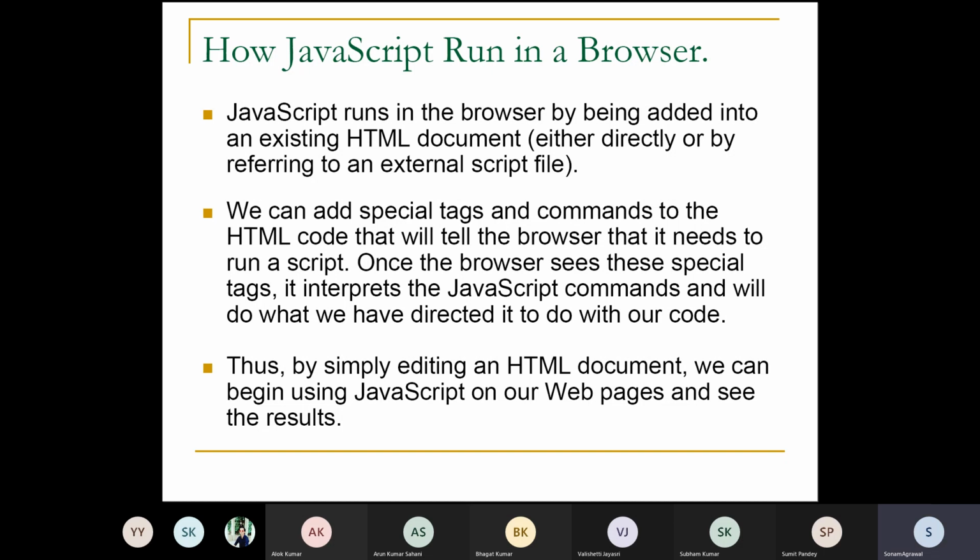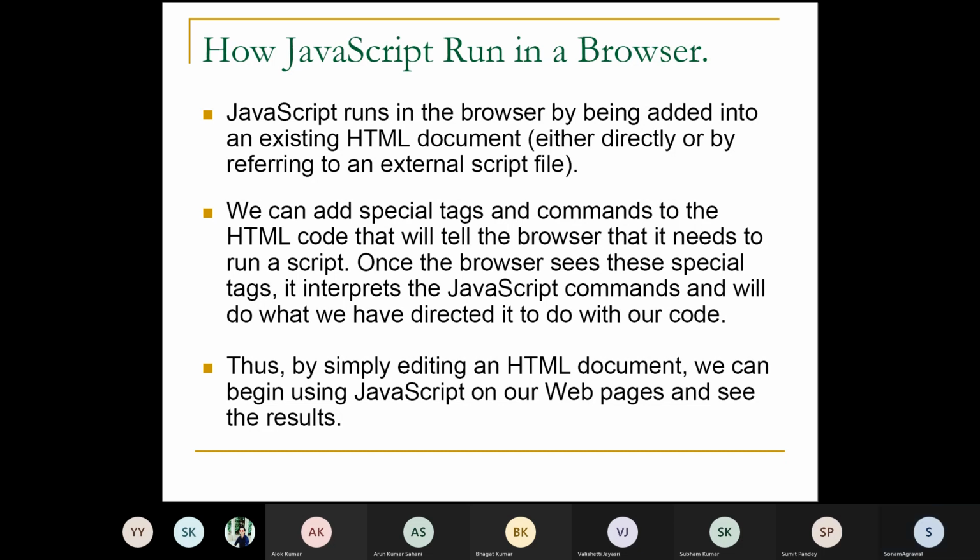Similarly, in JavaScript also, we can make a call to an external JavaScript file. So we can add it internally inside the HTML document, or we can call an external JavaScript document. Usually an external document is preferred as compared to an internal one.